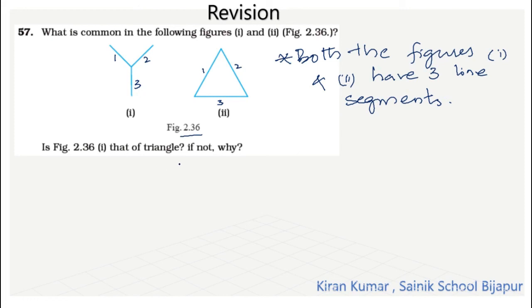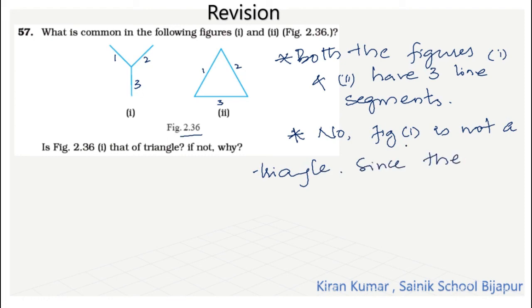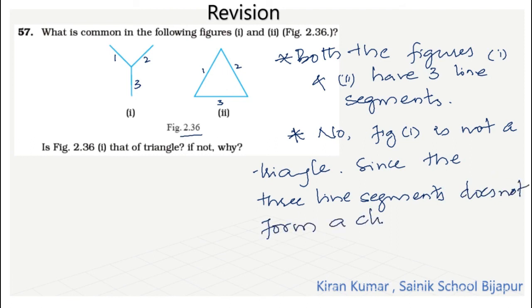And there is another sub question here. The another sub question is the first figure a triangle? It is not. No. Figure 1 is not a triangle, since the 3 line segments doesn't form a closed figure.